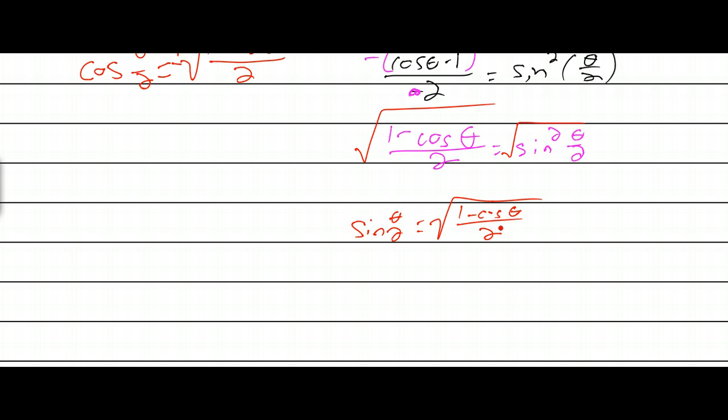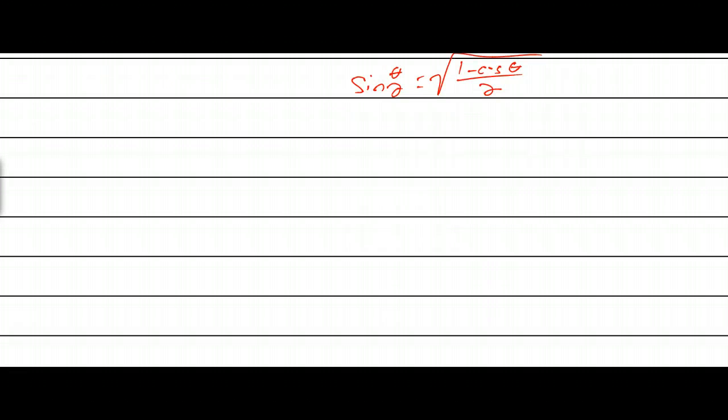Now we're going to go ahead and do the other ones. So we have to find cosine of pi over 12. We're going to use the half angle formula, so cosine of theta over 2, where theta is pi over 6.